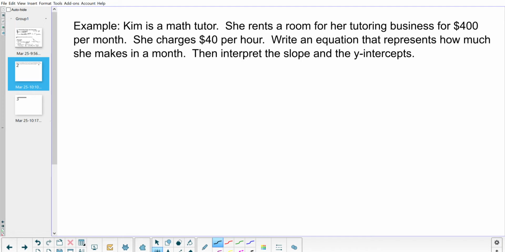Okay, so if I have y, y is going to represent the amount of money she makes in a month. Maybe you used M for money or P for profit, the amount she takes home.